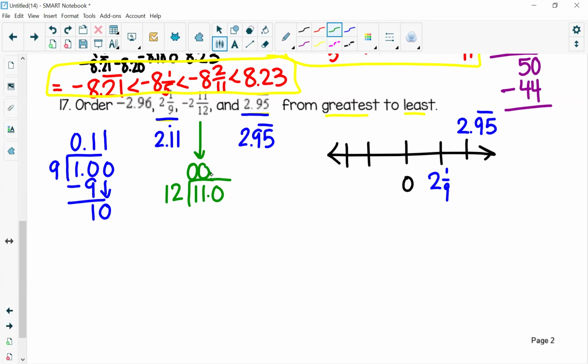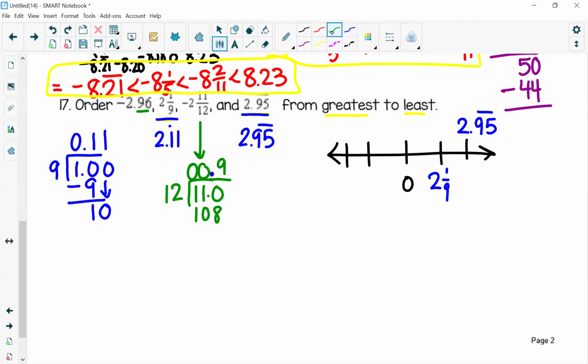Now 12 can go into 110 what, 9 times? 9 times 12 is 108. Which I can't, let's see if I can stop. I can't because I have 96. So I have 90 right there if I were to stop. So I don't want to do that.